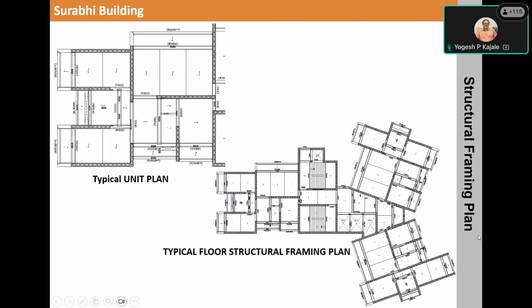The component planning was done. The emphasis was basically where exactly the crane would be located, then the accessibility of the trailers to the construction site, because the components were being transported almost 30-35 kilometers away from the site.